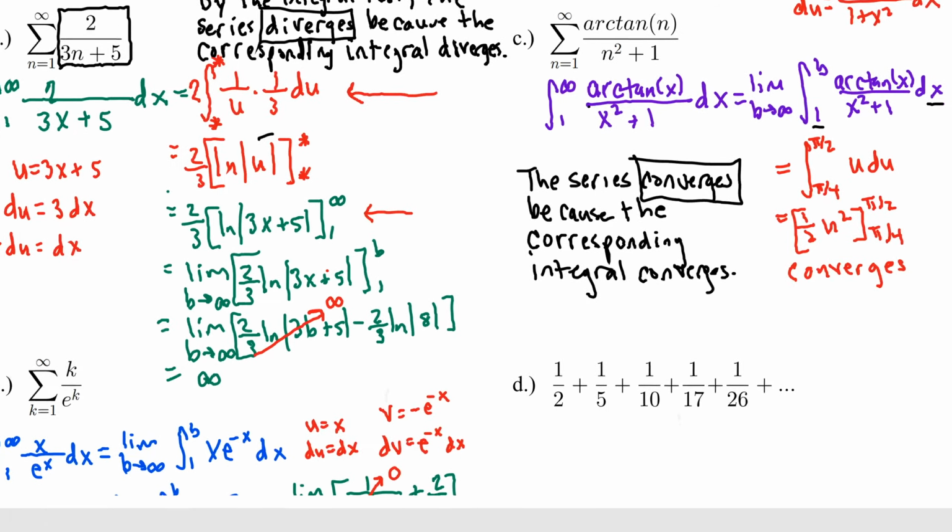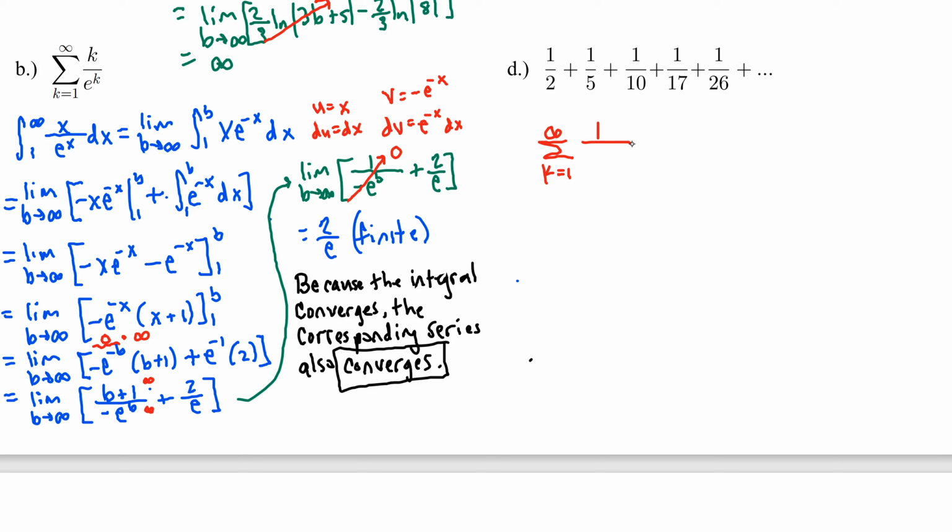So if we notice the pattern of these numbers, the numerator is always 1. So when we write our series, sum from k equals 1 to infinity, we know the numerator is going to be a 1, but we want to express the denominator in terms of k. Now remember, the index indicates the position of that term in the series, so I'm just going to count the terms.